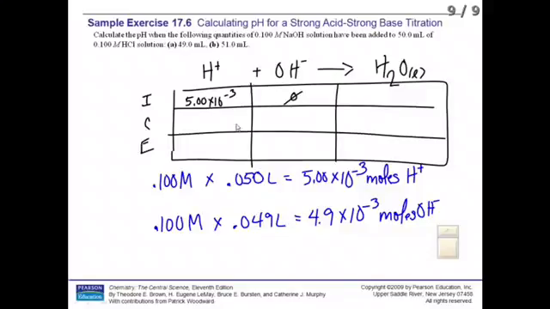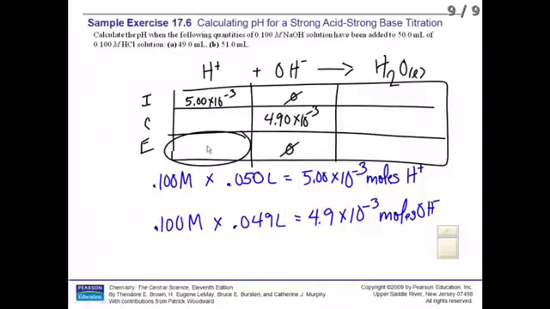So basically what you need to think about is that the OH- is going to be neutralizing with the H+. So back over here, you are adding 4.90 times 10 to the negative 3 moles of your base, okay? That's going to be completely consumed by the H+. So all of this is going to be gone. There should be none left when this neutralization is done for your OH-.